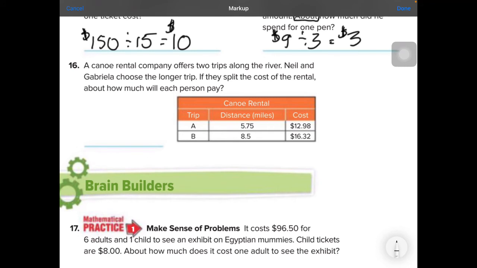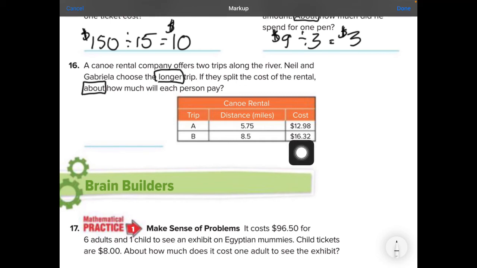Number 16, a canoe rental company offers 2 trips along the river. Neil and Gabriella chose the longer trip. If they split the cost of the rental, about how much will each person pay? So first of all, we need to find the longer trip. This one is 5.75 miles. This one's 8.5. So in miles, B is definitely longer because 8 is a longer distance than the 5.